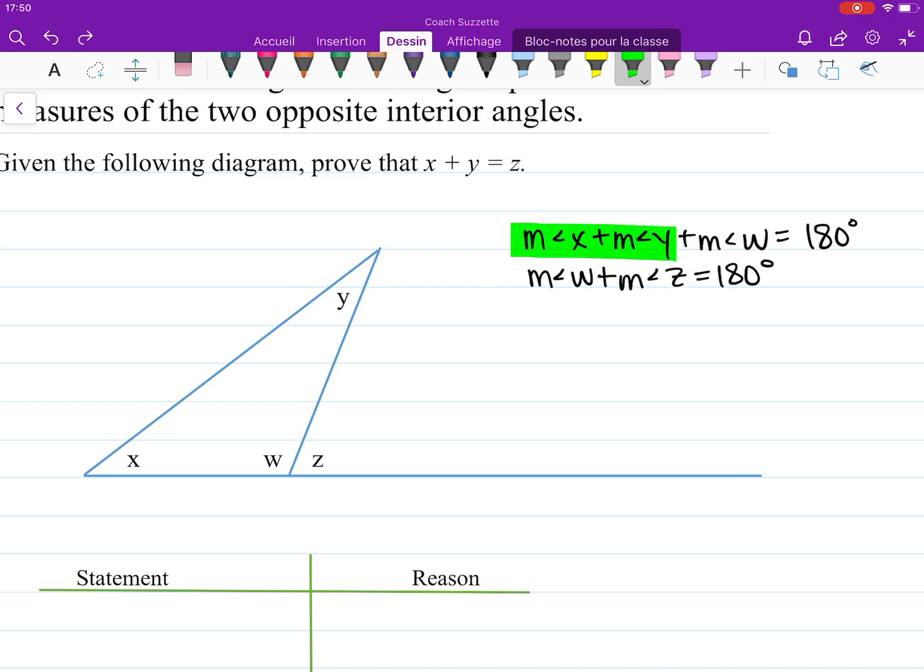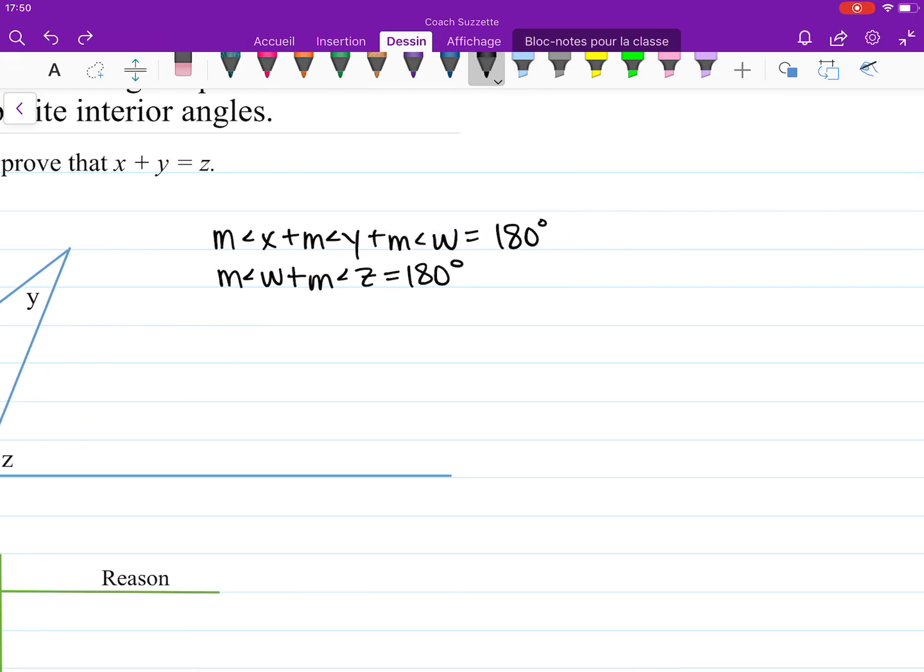Well, since both of these equations have this in common, let's rewrite both of them in terms of what they have in common.